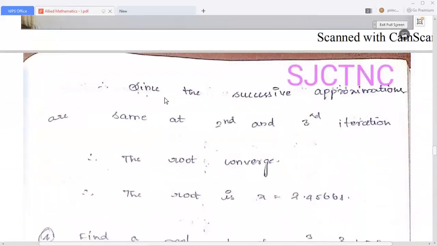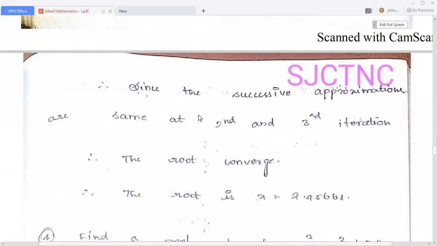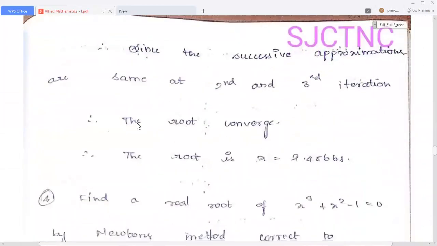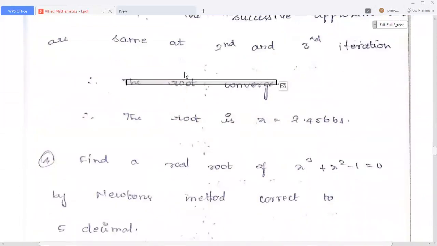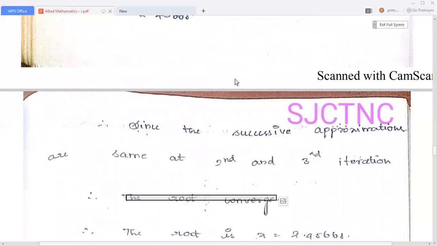Since the successive approximations are same at the second and third iterations, therefore the root converges. Therefore the root is x equal to 2.45668. So this completes the problem.